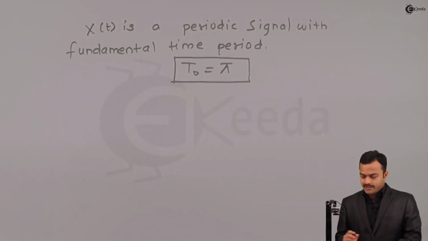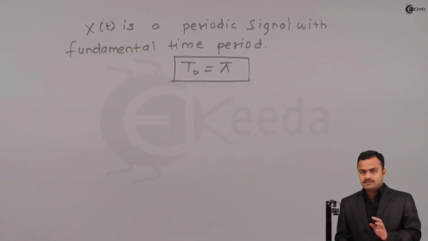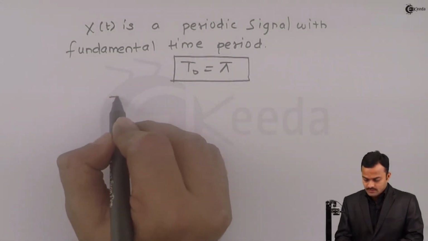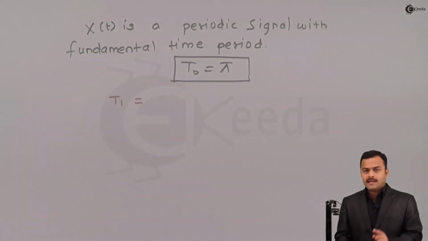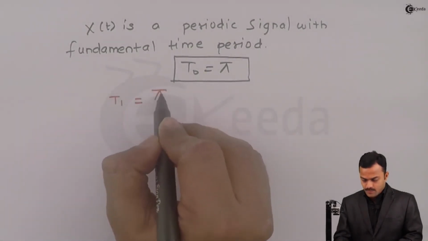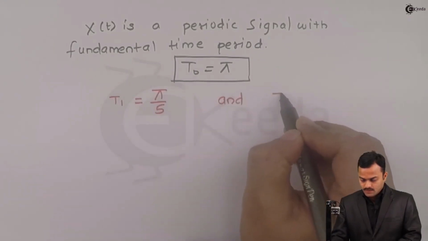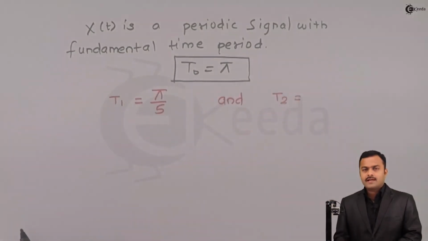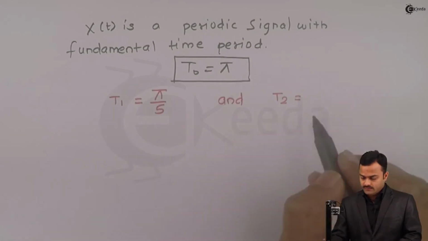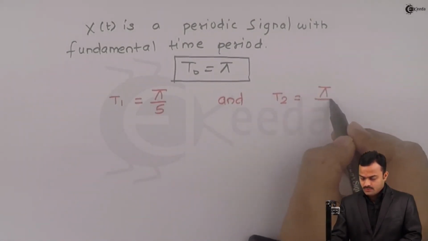Mathematically also we can find this out. See, T1 is the fundamental time period for x1(t), which is nothing but pi upon 5, and T2 is the fundamental time period for x2(t), which is pi upon 2.